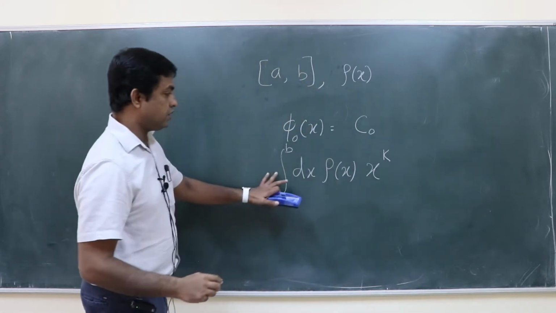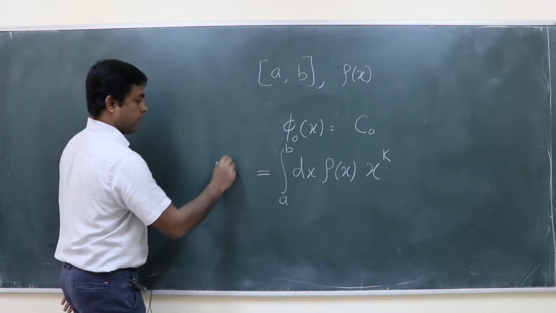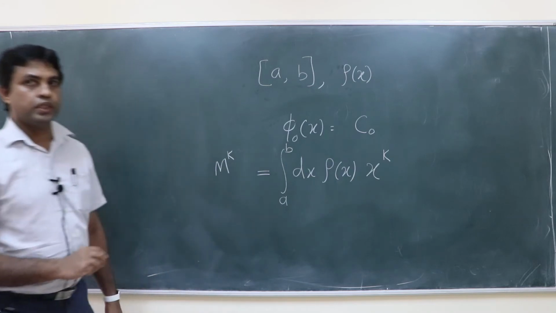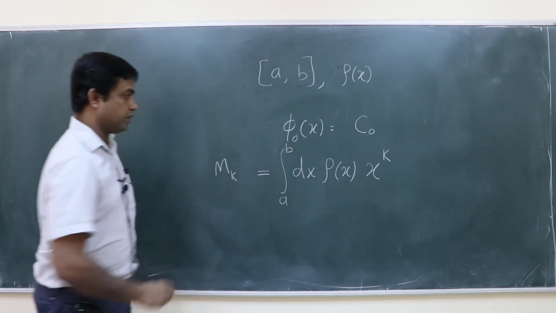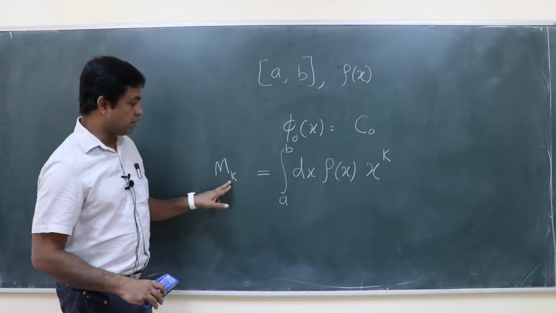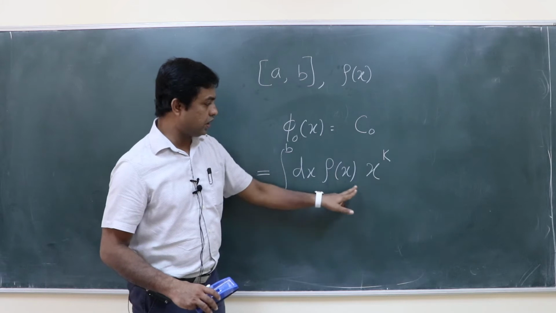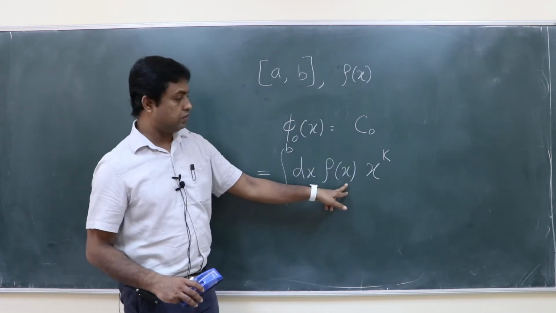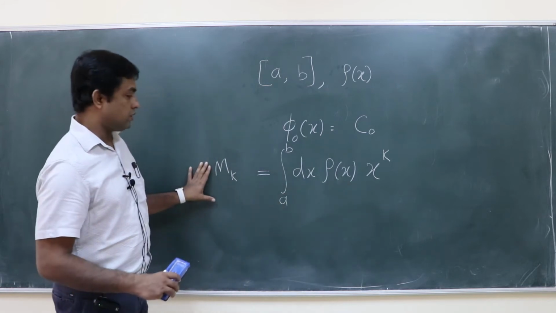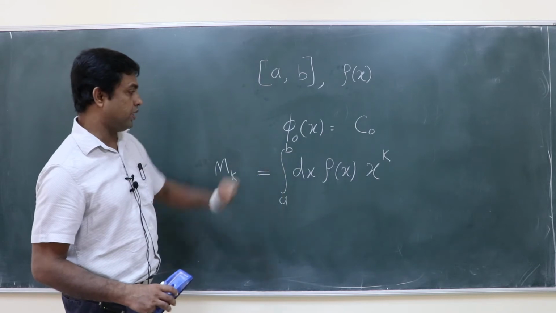I define this as mk, the kth moment of x with respect to the weight function rho of x. You can define this, there is no problem.